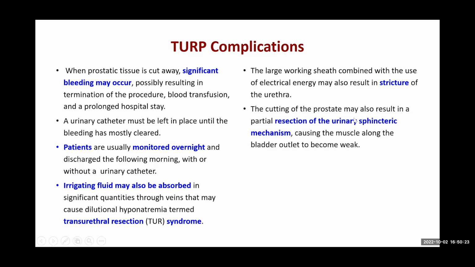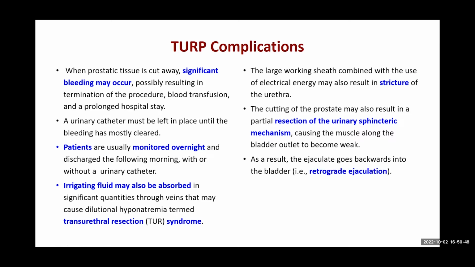The cutting of the prostate may also result in partial resection of the urinary sphincteric mechanism, causing the muscle along the bladder outlet to become weak. Okay, so four complications: bleeding and dilutional hyponatremia, stricture formation, and resection of the urinary sphincteric mechanism.